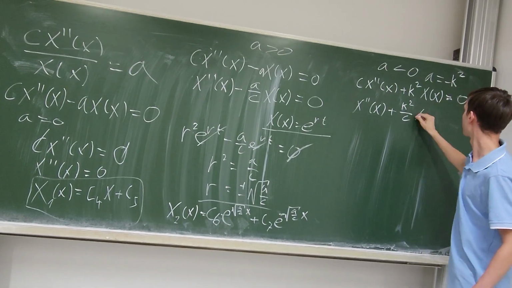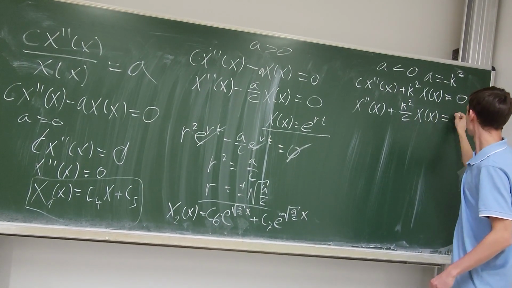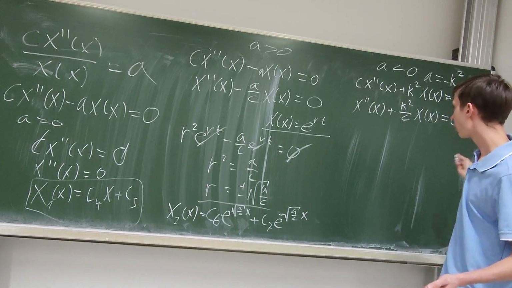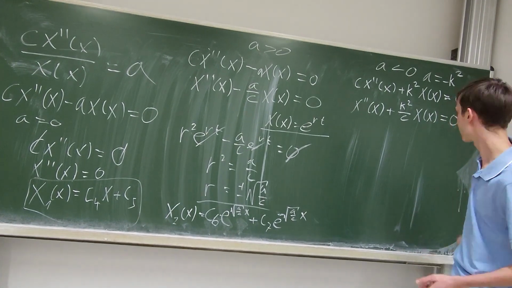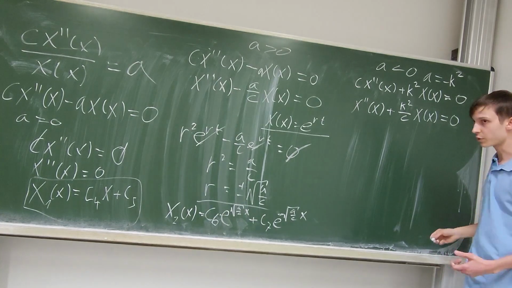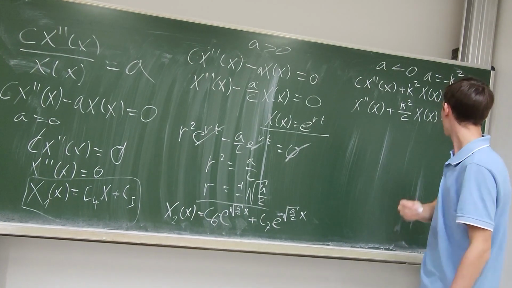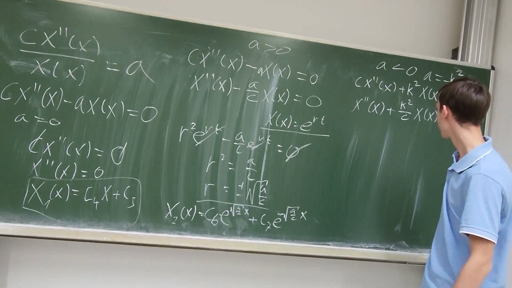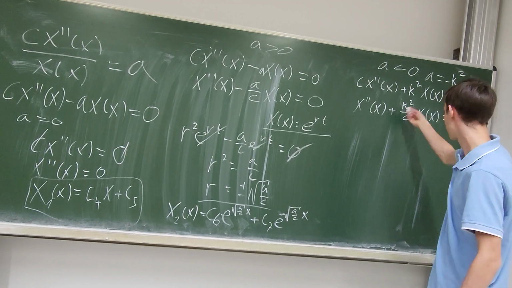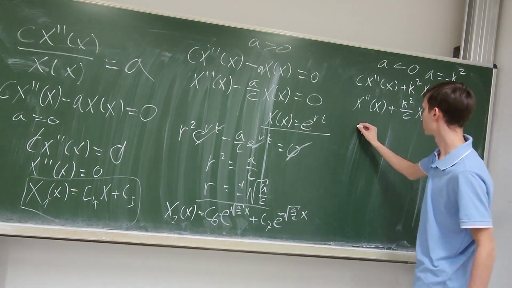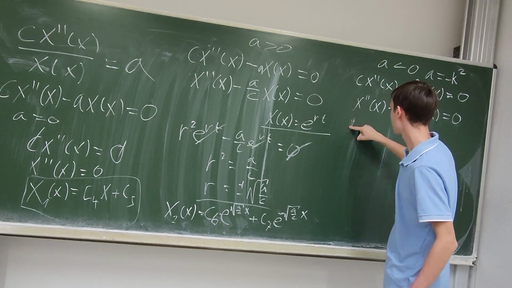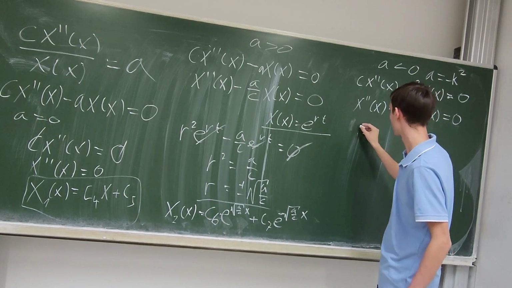Like this. Now again, there are more ideas. One can see this straight away from experience, or one can simply first look at what this will do with the usual e to the rt expected solution.